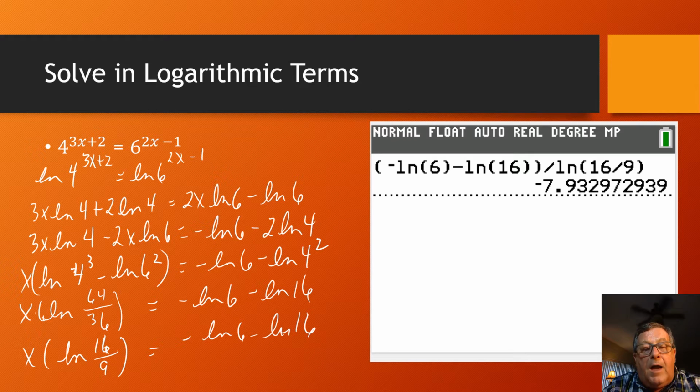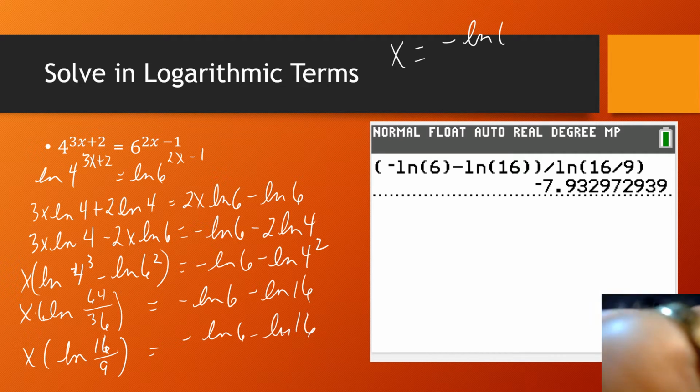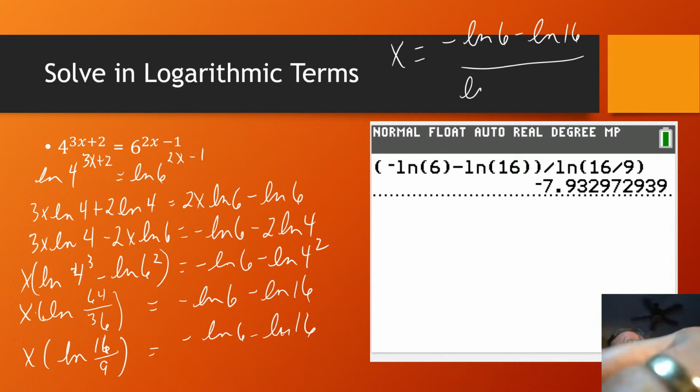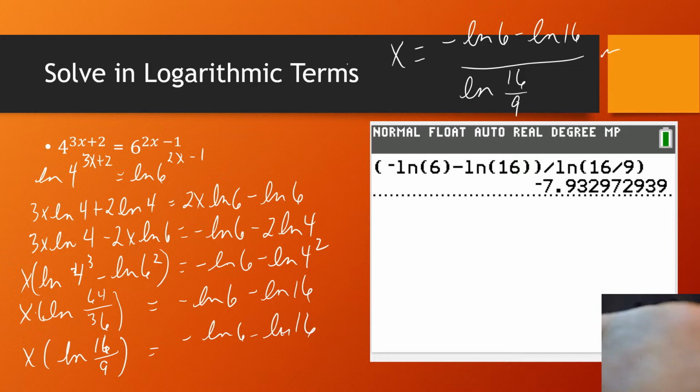And let's divide this negative ln 6 minus ln 16 by ln 16 over 9. And so x is equal to negative ln 6 minus ln 16 over ln 16 over 9.